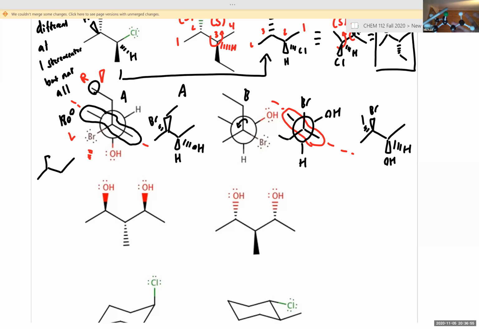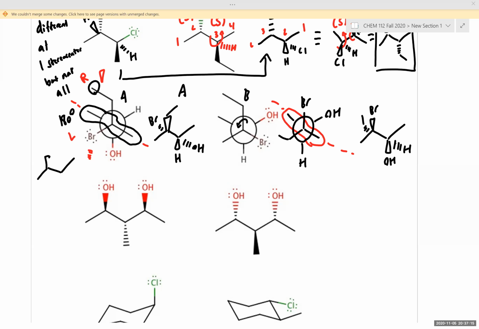Towards, right? And where is our alcohol pointing? Towards, right? So both our bromine and our alcohol get a wedge.